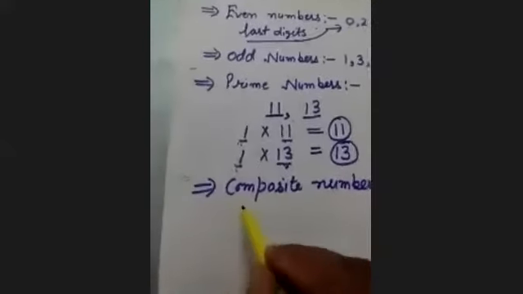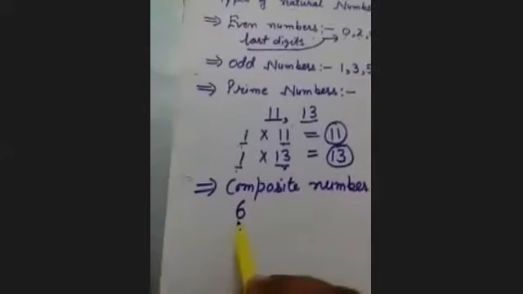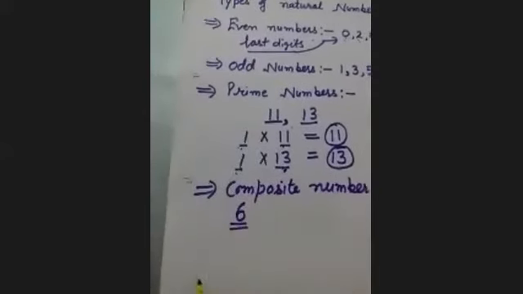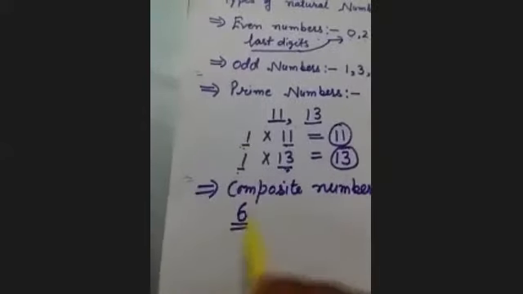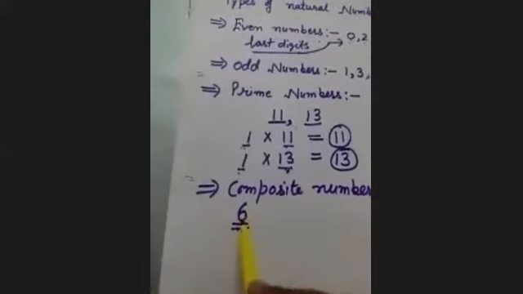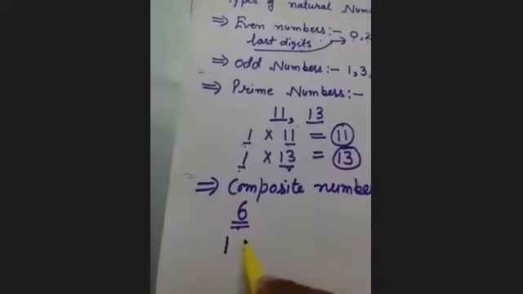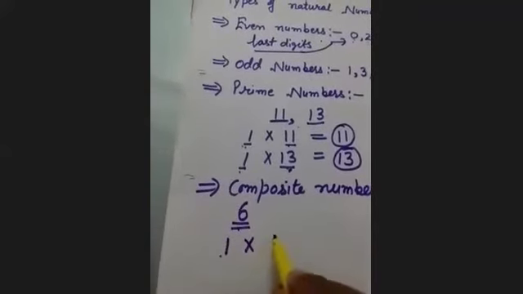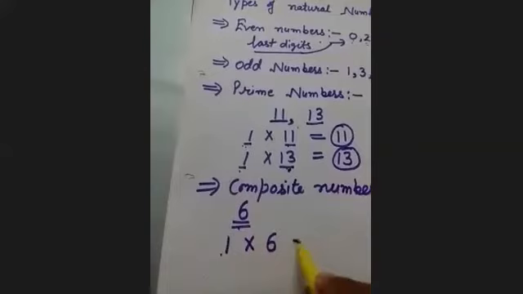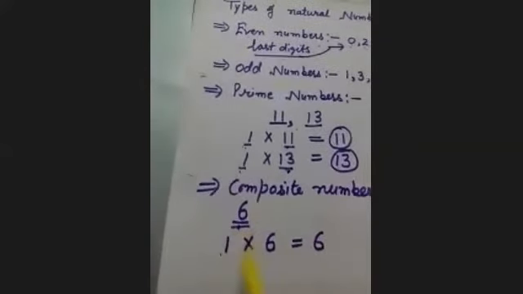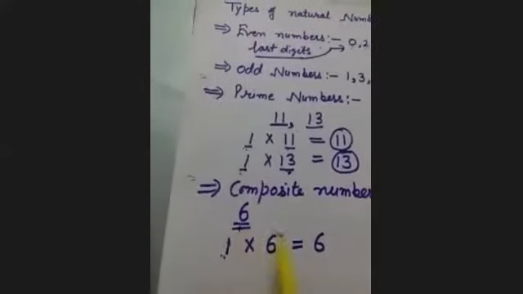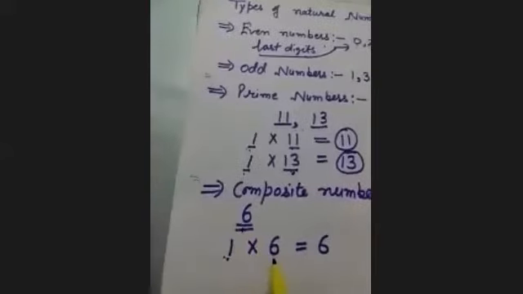For example, 6. Now find all the factors of 6. First factor is 1 and the number itself. So the first and second factors of 6 are 1 and 6.